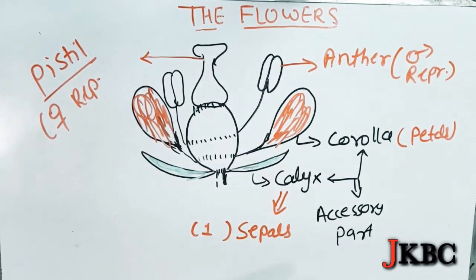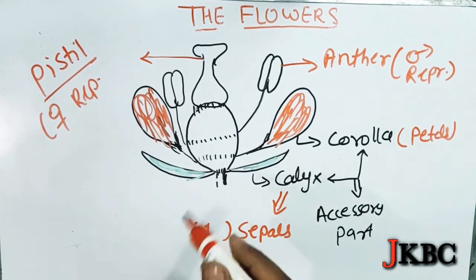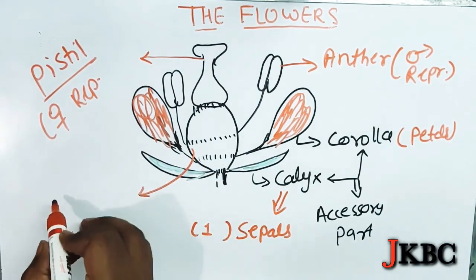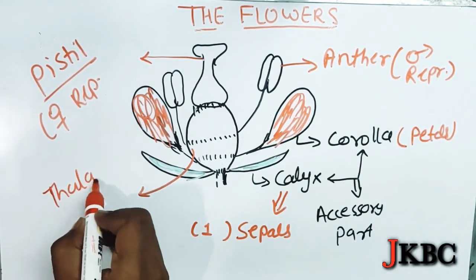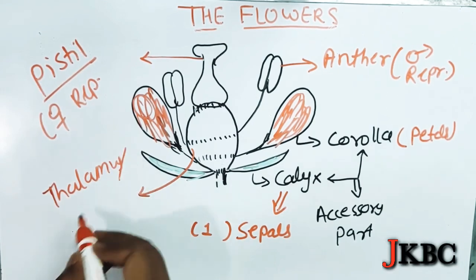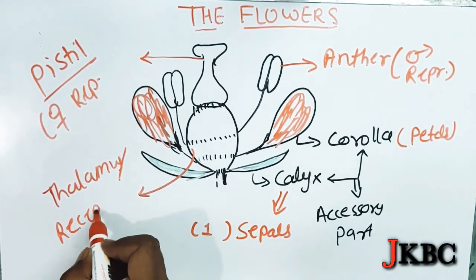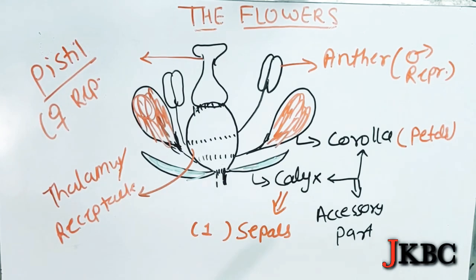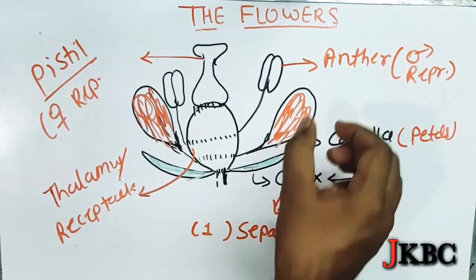And this is the thalamus. Basically all these are located on the thalamus. The thalamus is also called the receptacle. All the four whorls are located on it.